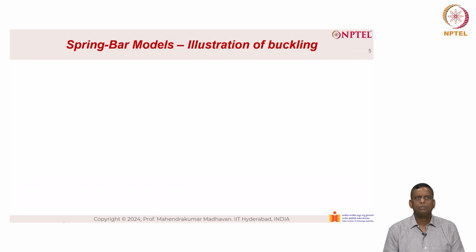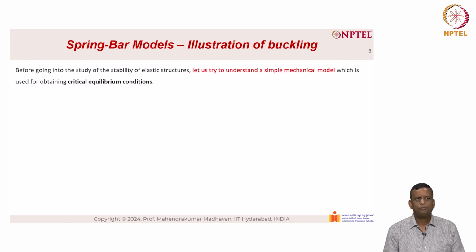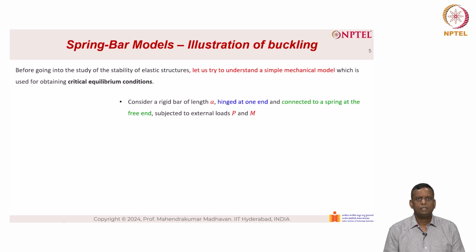Now we will talk about spring bar models. It's an illustration of buckling. Before going into the study of stability of elastic structures, let us try to understand a simple mechanical model which is used for obtaining critical equilibrium conditions. Consider a rigid bar of length A hinged at one end and connected to a spring at the free end, subjected to external loads P and M. The picture on the left side shows you the required descriptions of the structure.